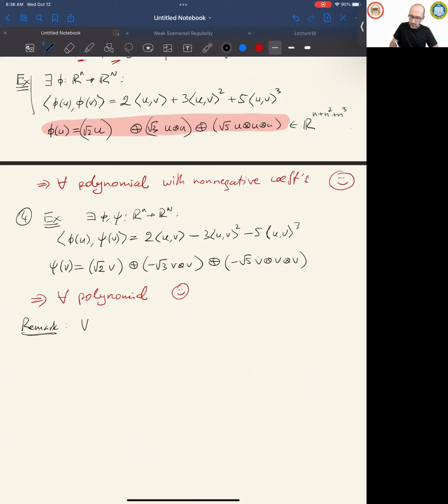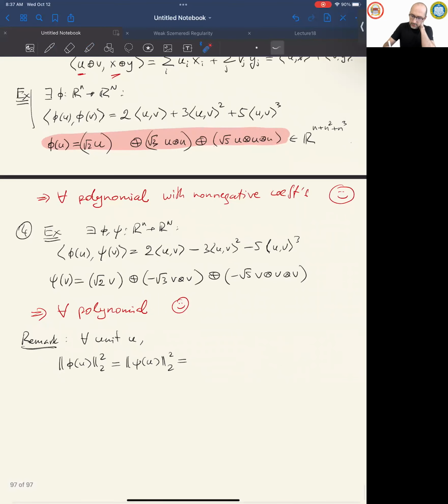So a remark. Let's say if we have a unit vector u, how does it change the length here? Phi of u, psi of v. Psi of u will be the same, of course. It's only the sign that is different. All right, let's look at this. What's this norm?